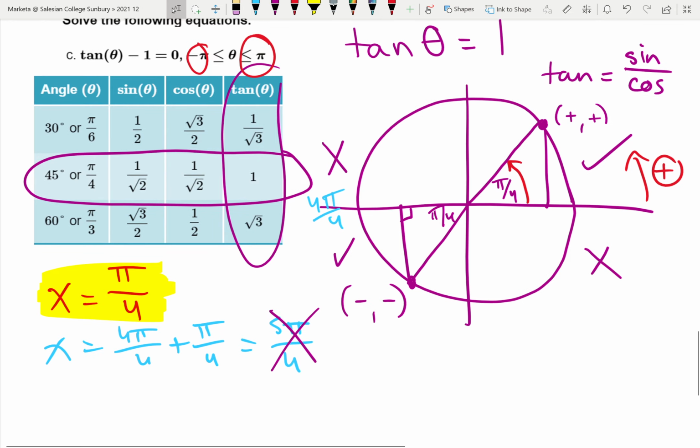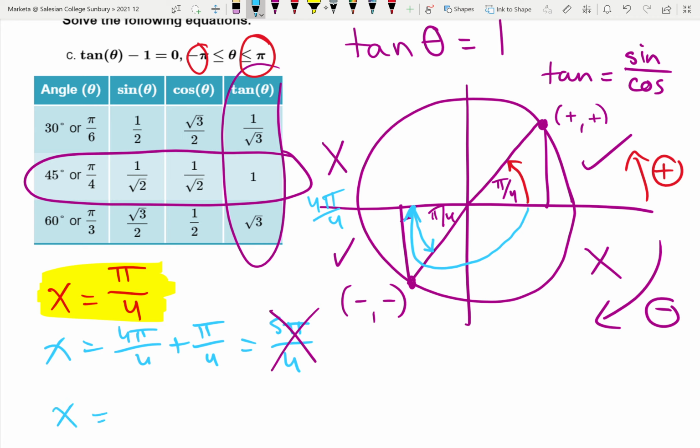But it also tells us we can go for a negative angle as well. So let's go in the negative direction, remembering the negative angles go this way. So I'm going to go from 0 in the negative direction by 4 pi on 4, and then in the positive direction by pi on 4. So this says x equals negative 4 pi on 4, and then in the positive direction pi on 4.